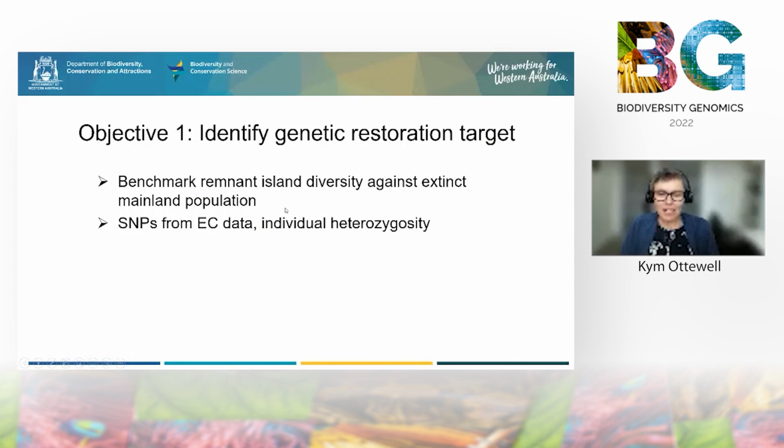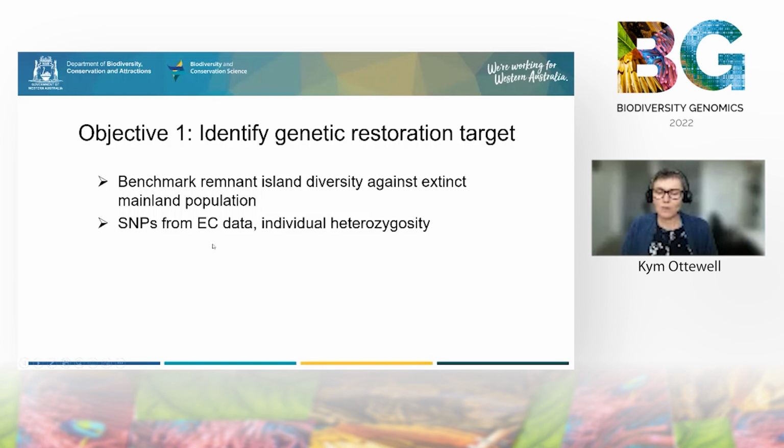As I mentioned, one part of our pre-translocation planning is to identify the suitable genetic restoration targets for the booty. Here we benchmarked genetic diversity across the remnant island populations and compared that genetic diversity to data obtained from the museum specimens, which we used to represent the historical, now extinct mainland population of booties.